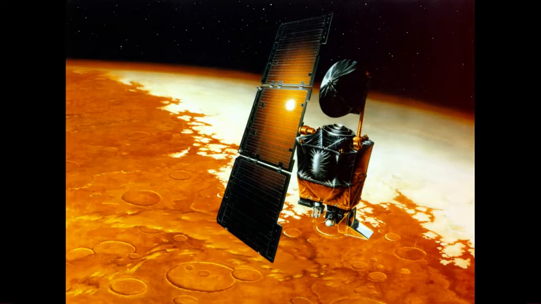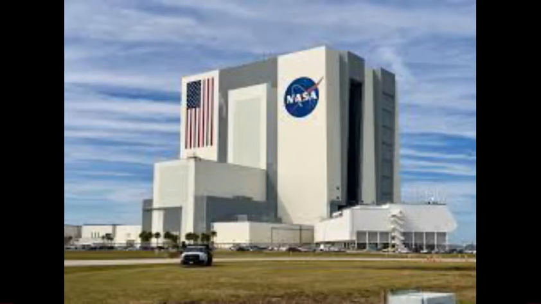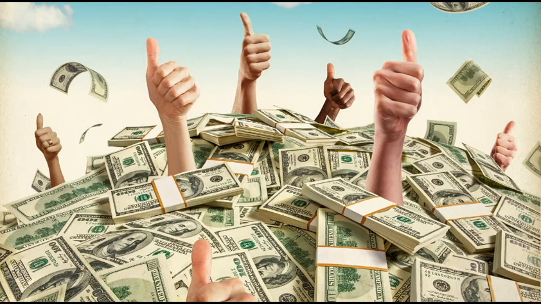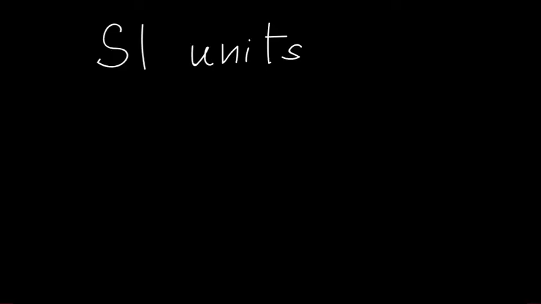For example, the Mars orbiter, designed to orbit Mars as the first interplanetary weather satellite, was lost in 1999 because the NASA team used metric units while a contractor used imperial units. It cost $125 million.